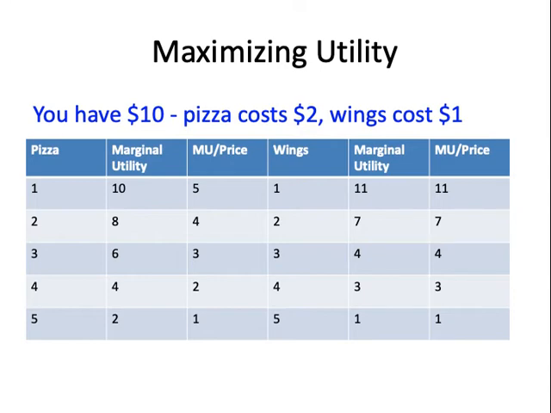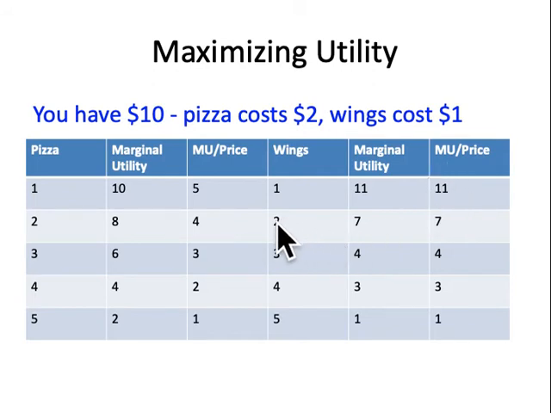And so when we look at marginal utility divided by price, we want to look at a scenario where, what am I going to purchase? Clearly, with my first wing, I'm getting 11 marginal utility divided by price. So I get 11 per dollar, whereas the first pizza, I get 5 per dollar. So clearly, spending that $1 is going to get me 11 utility, and so I'm going to buy that first wing.